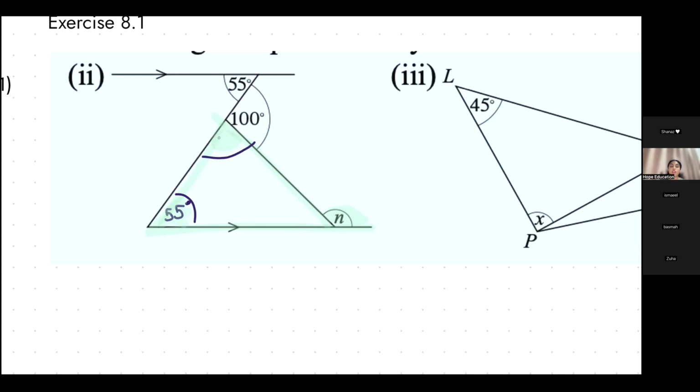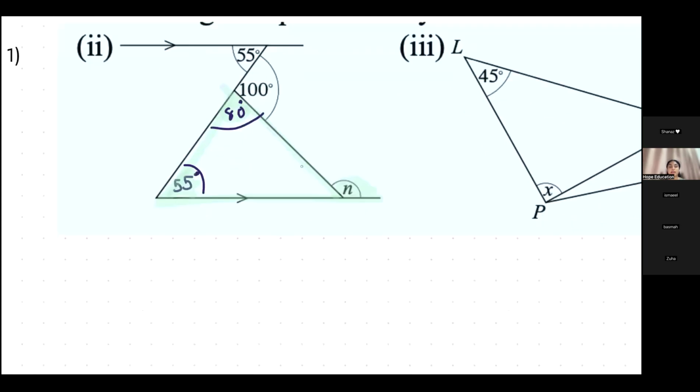Is it clear to all of you how I got 55 degrees and 80 degrees? Okay. Now, N is the exterior angle and N is equal to 55 plus 80.